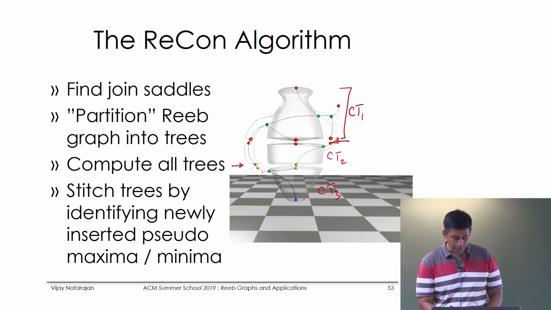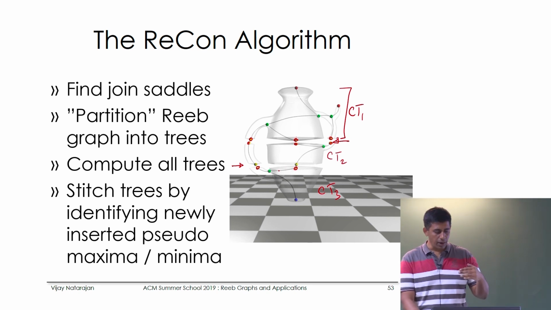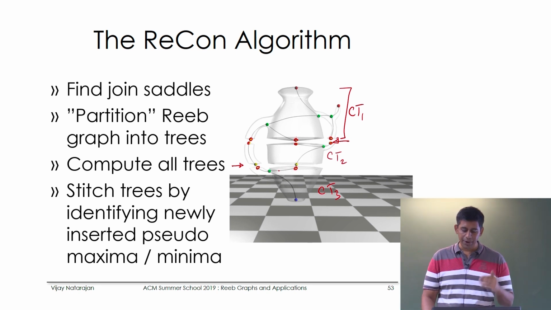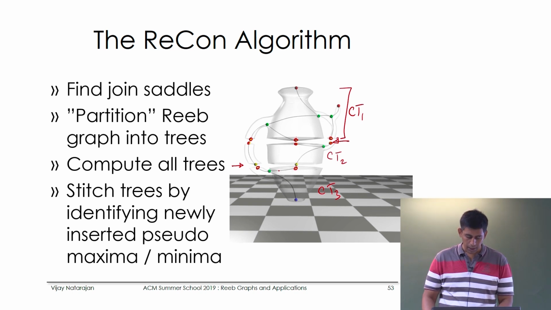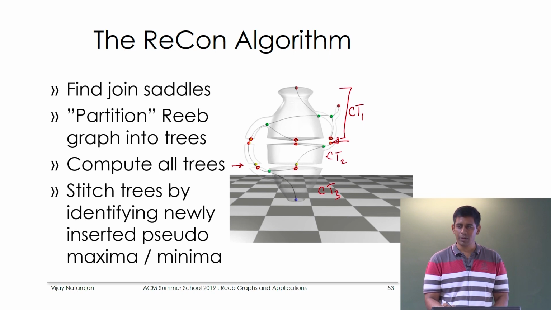And similarly, the CT3 will have some maxima. So you have 3 trees now, CT1, CT2 and CT3. Well, it turns out that CT2 actually has 2 components, that can happen. CT2 is not even a tree, it is a forest. It has one component here and another component here.